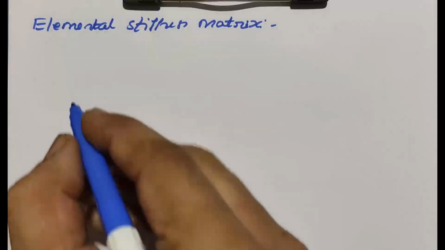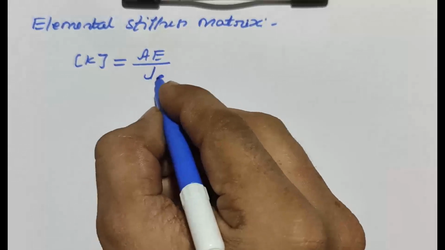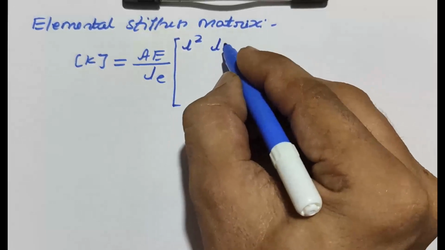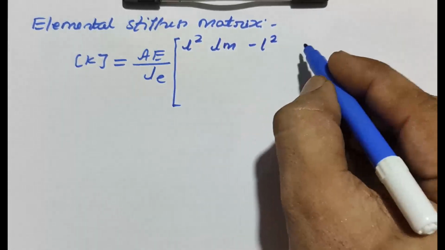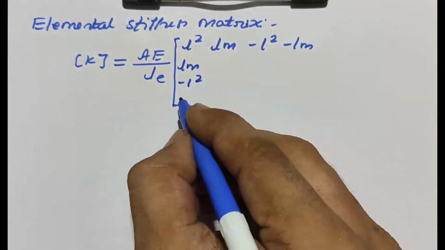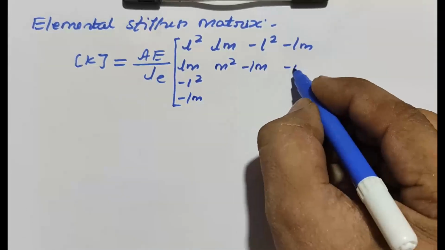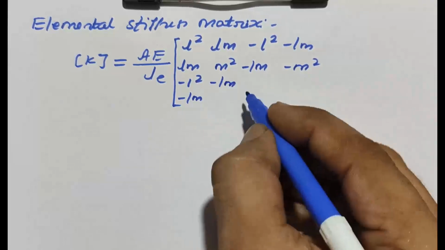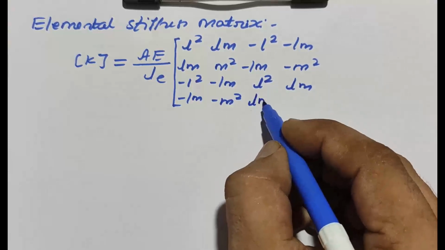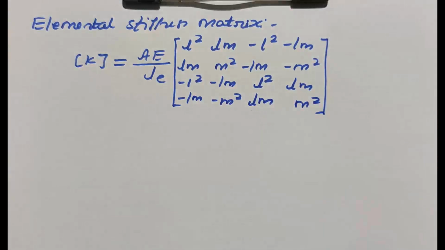We have the formula K is equal to AE by L, times the matrix L square, LM, minus L square, minus LM; LM, M square, minus LM, minus M square; minus L square, minus LM, L square, LM; minus LM, minus M square, LM, M square. This is the elemental stiffness matrix for a truss element.